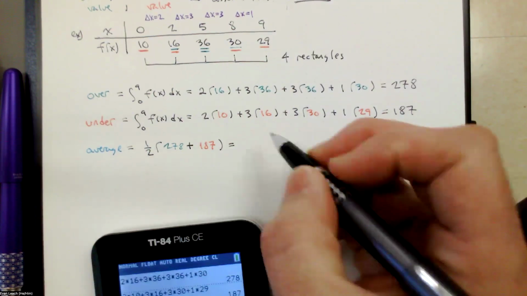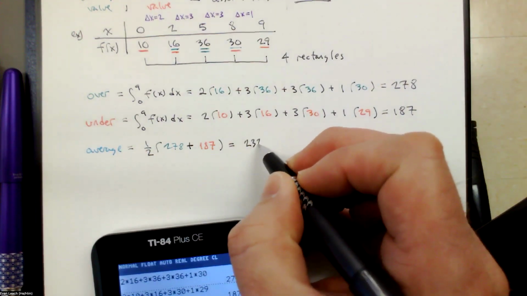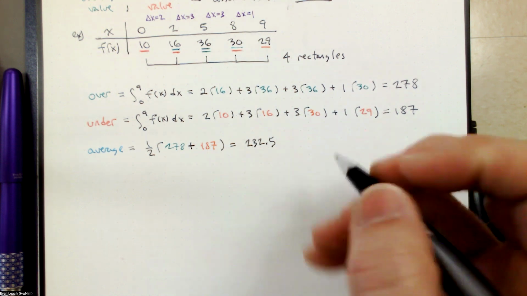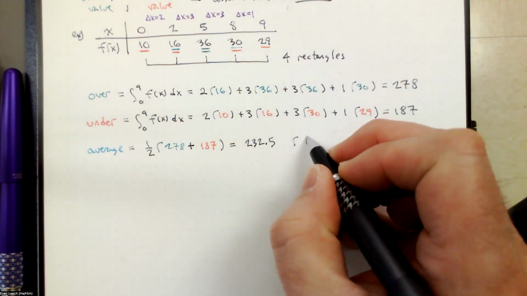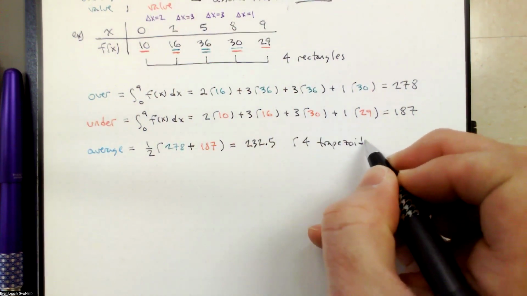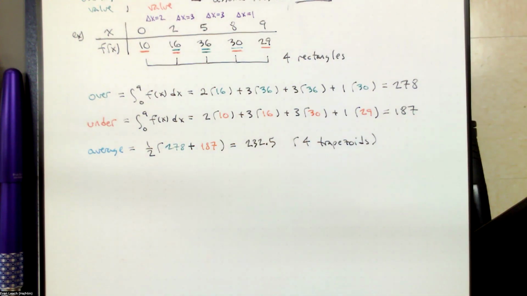That's 232.5. This 232.5 is going to be the area of four trapezoids.